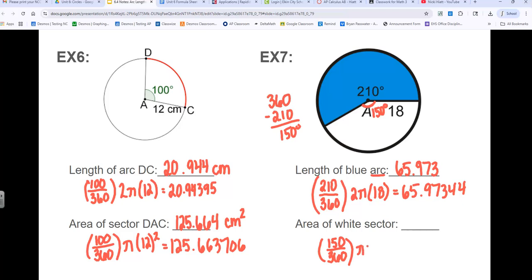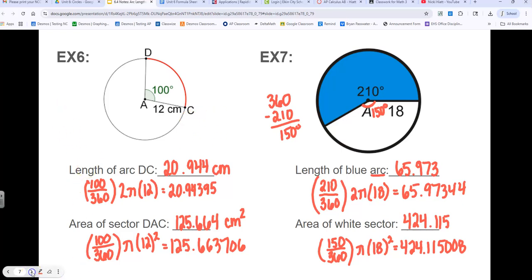So that is pi times that radius, which is 18 squared. So whenever I type that into the calculator, I am getting 424.115008. So 424.115 square units, whatever type of units we might have there.